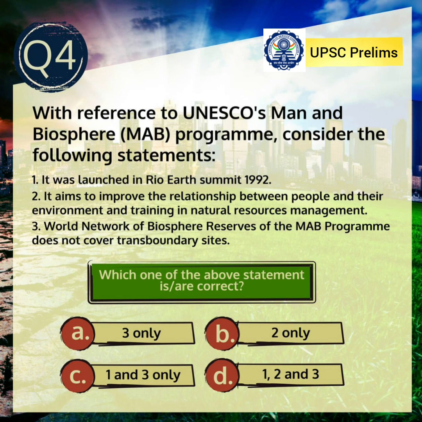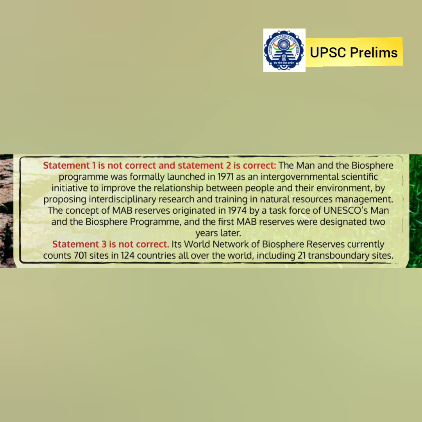Second statement is correct because UNESCO's Man and Biosphere program, simply called as MAB program of UNESCO, aims to improve relationship between people and their environment and training in natural resources management. The Man and the Biosphere program was formally launched in 1971 as an intergovernmental scientific initiative, mainly to improve the relationship between people and their environment by fostering interdisciplinary research and training in natural resources management.